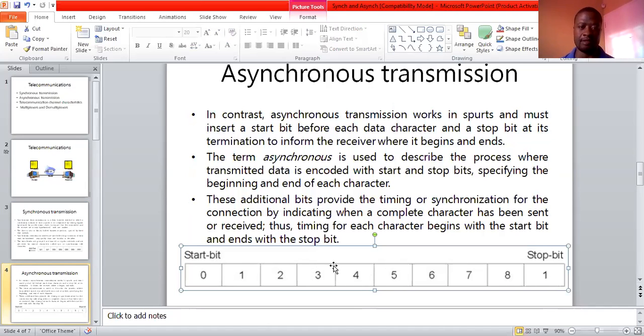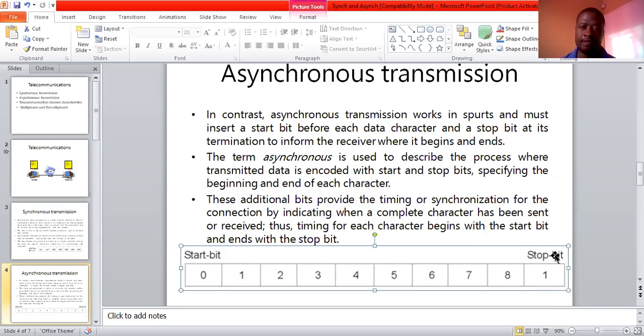In this transmission, there must be a bit inserted so that it alerts the system that I'm about to send the data, or I'm about to send a bit. So you should have a start bit and a stop bit.